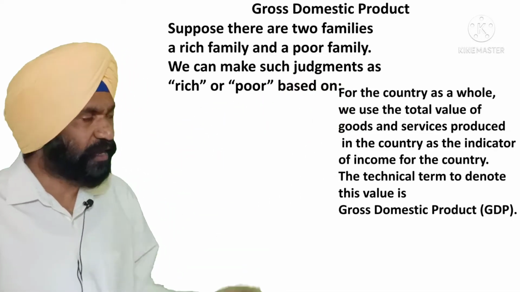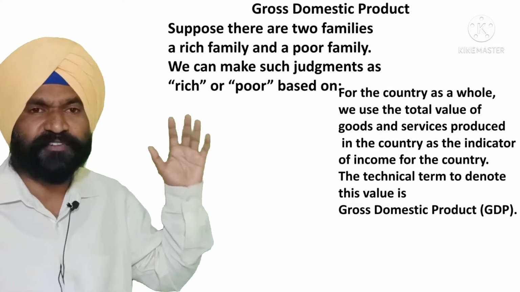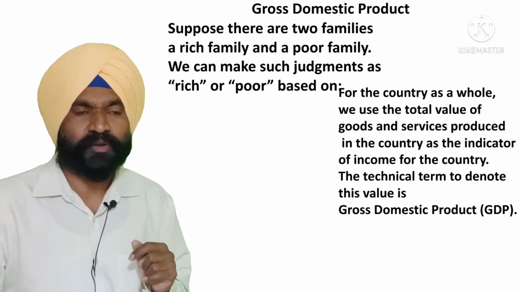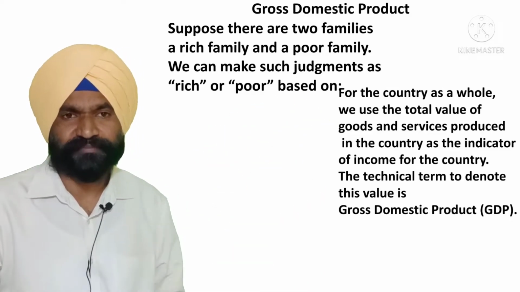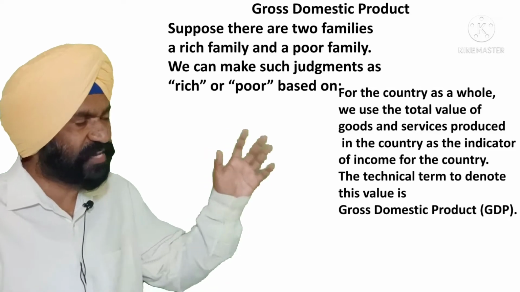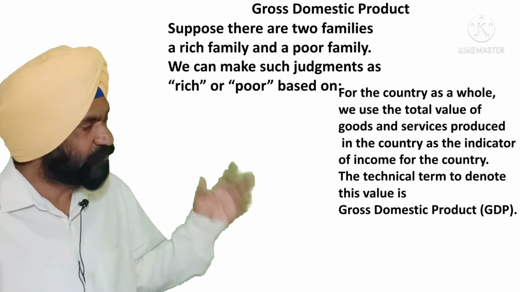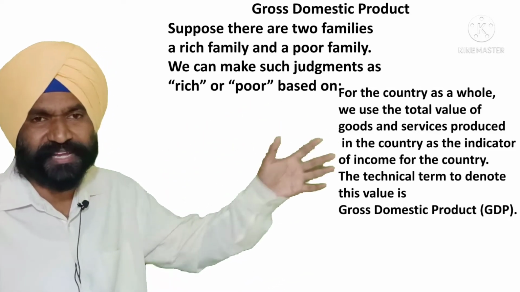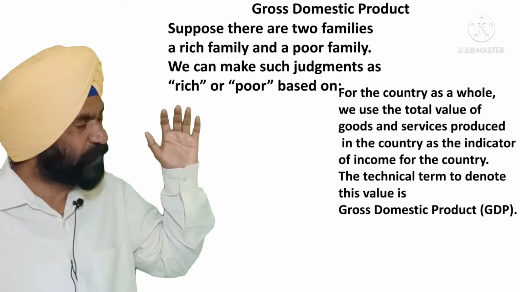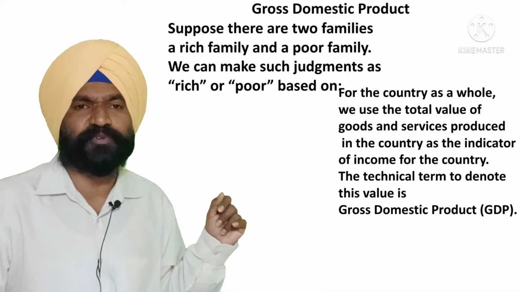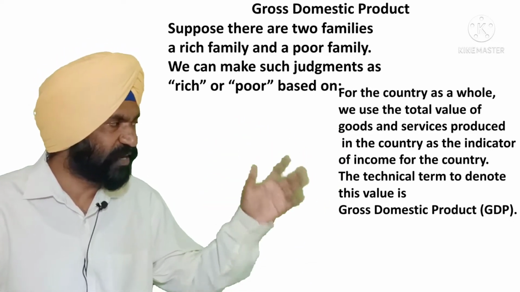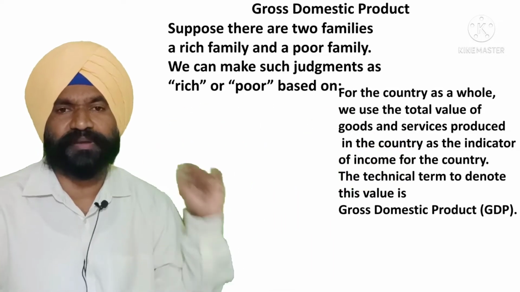Just like a rich family, what kind of clothes they are wearing, what kind of food they are eating, what kind of houses they are living in, the residence where they are living, what kind of vehicles they are using, and when they are becoming ill or sick, what kind of hospitals they are going to and taking treatment. Based on these things only we can come to a conclusion whether the family is a rich family or a poor family.